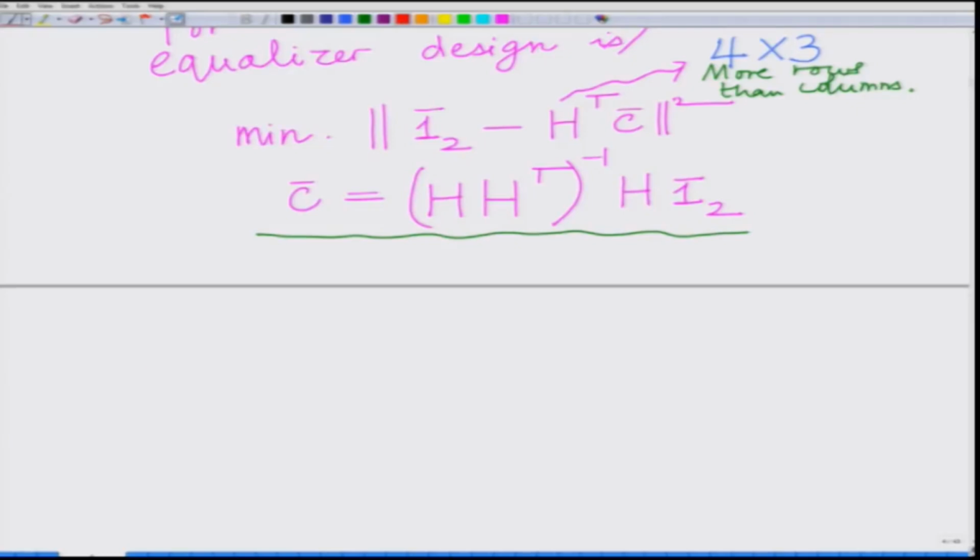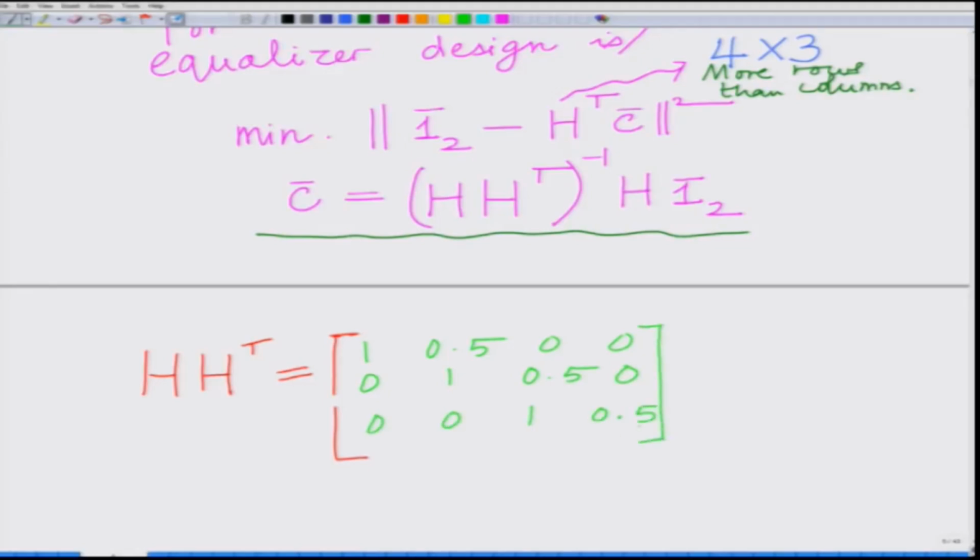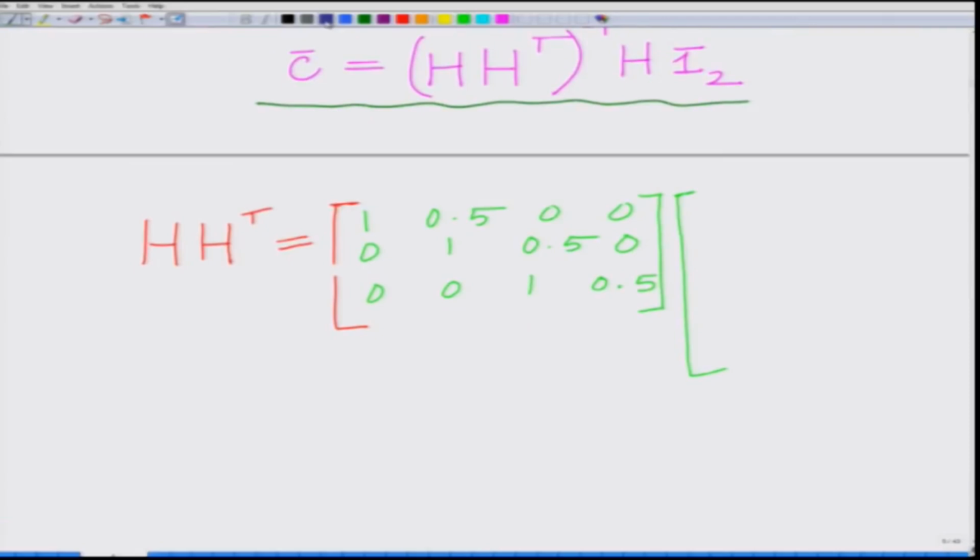Let us substitute the expression for H. This expression for H is given as 1.5, 0, 0, 0, 1.5, 0, 0, 0, 0.5 times the matrix H transpose, and the matrix H transpose is 1.5, 0, 0, 0, 1.5.